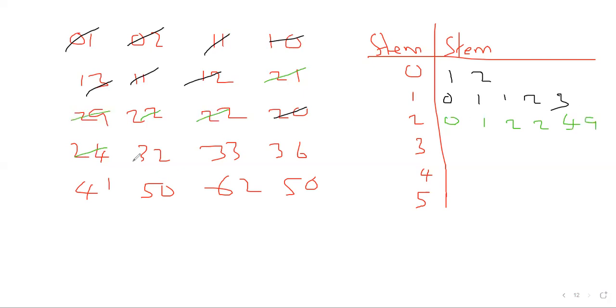On the threes, we have 32, 33, 36. On the fours, we have 41. The fives are 50, 50, and the sixes, we have 62. So this is how we draw the stem and leaf diagram.